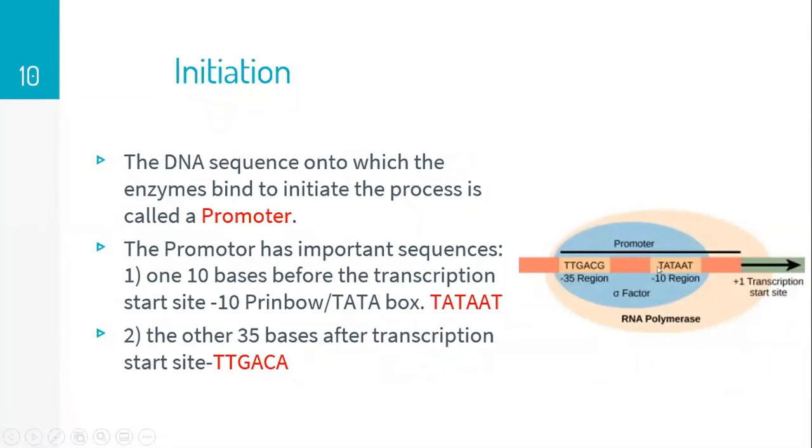So this is where everything starts, right? And the promoter has important sequences. These sequences would be basically the -10 Pribnow TATA box, which would be this specifically. This is just something that you could commit to memory. You don't have to go too much in depth with it, but it's a classic thing that you're supposed to remember.